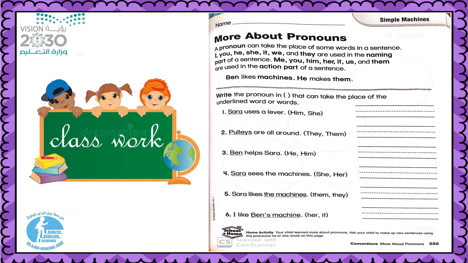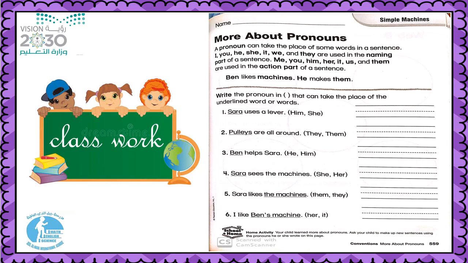Number 5. Sarah likes the machines. There's a line under the machines, and the machines is after the action verb likes. So Sarah likes them or Sarah likes they. Yes, Sarah likes them, not they.